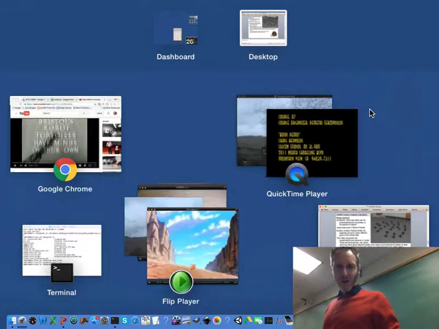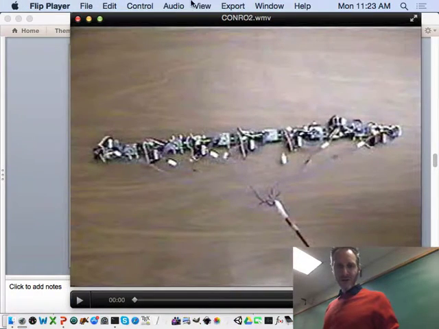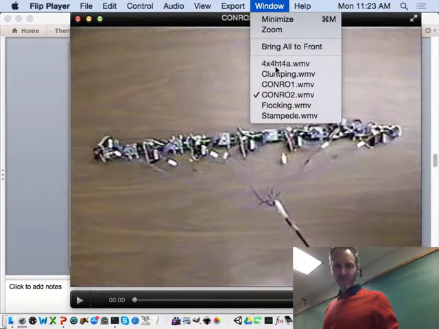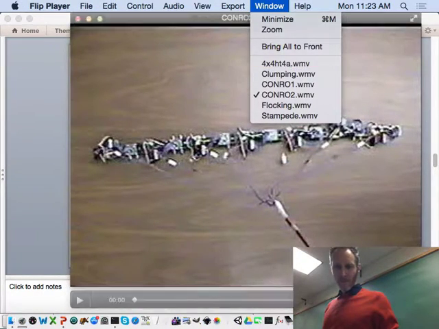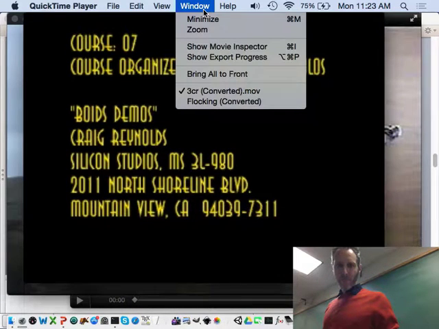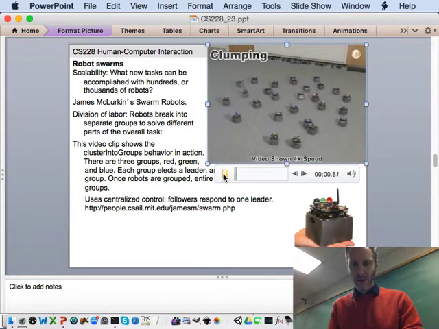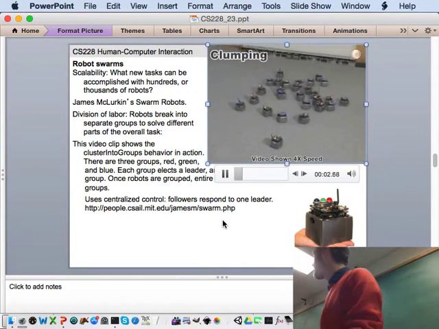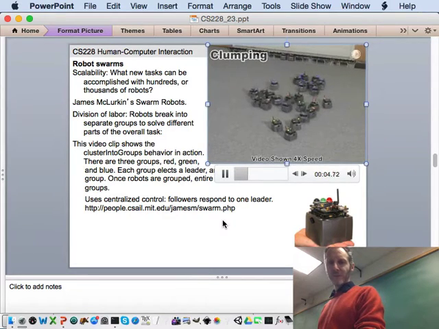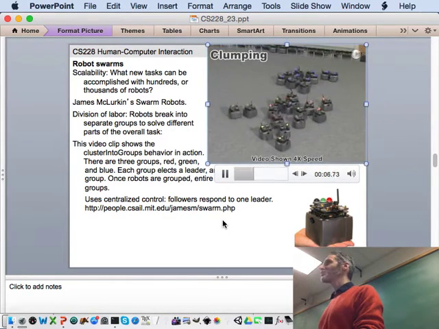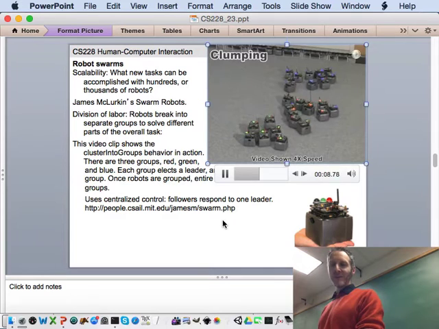So let's have a look at, if I can find it here, James McLurkin's swarm. I cannot seem to find it here. Hold on a second. Ah, good. So here's an example of a swarm performing division of labor.